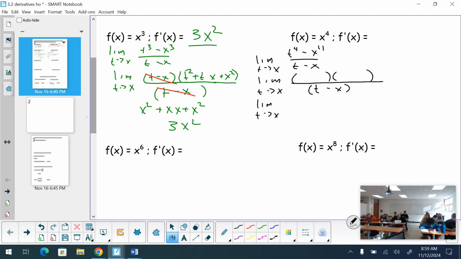T to the fourth minus x to the fourth is t squared minus x squared times t squared plus x squared. Middle terms cancel out, which we can then factor our first term.